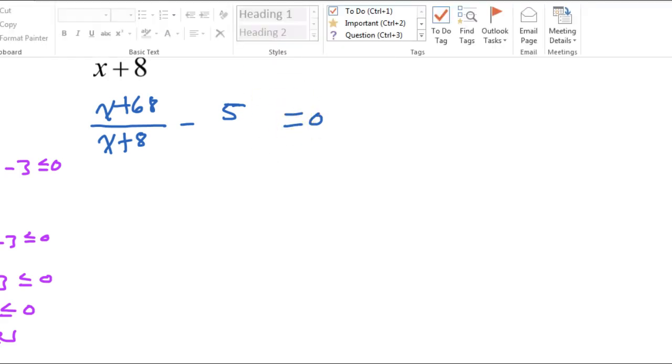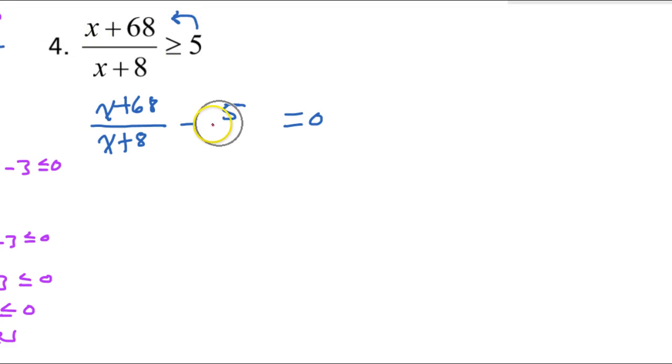And the way I solve an equation like that is I do like denominators. So I'm going to have x plus 8 in the numerator and the denominator, like this. Once I have like denominators, I can cross them out. So I'll get a new equation that goes x plus 68 minus.